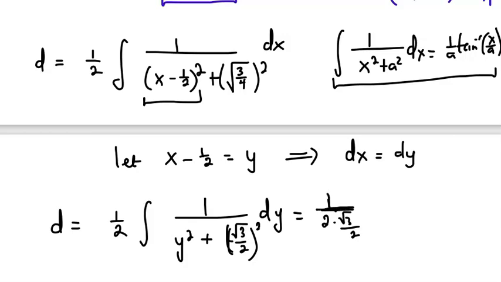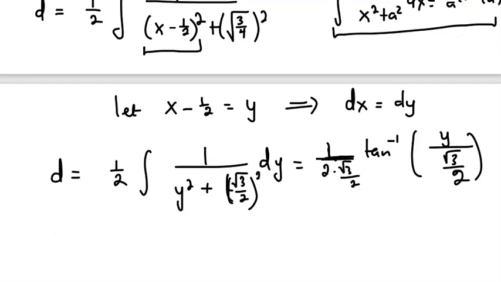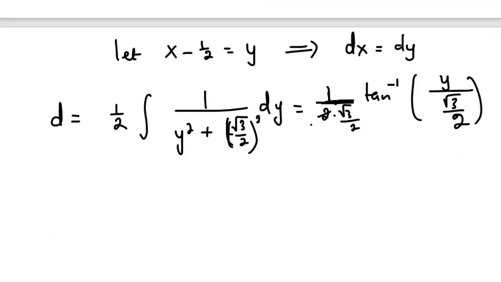So this is 1 all over, then times the inverse tangent of y divided by square root of 3 over 2, right? Okay, so we cancel this 2 here, so our d will be equal to 1 over root of 3 times the inverse tangent.